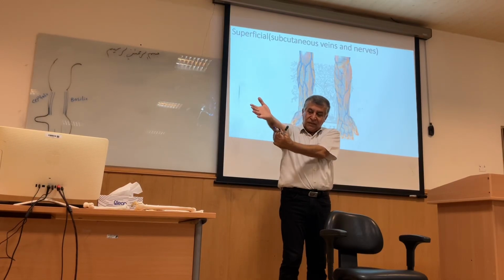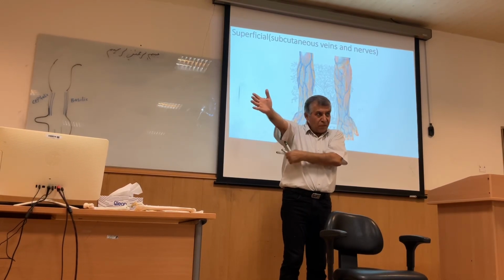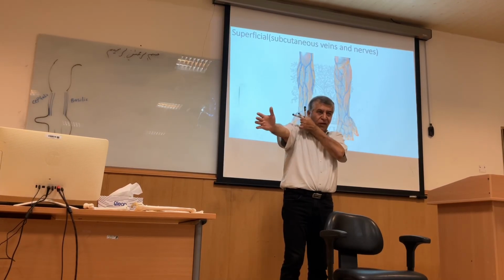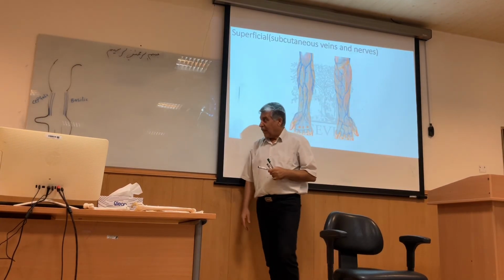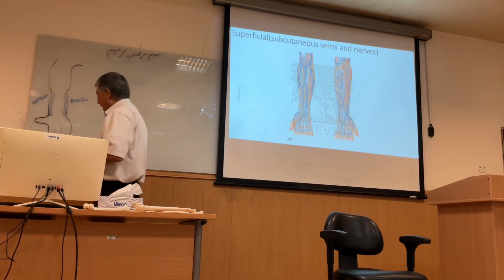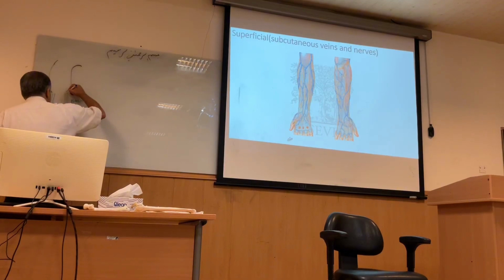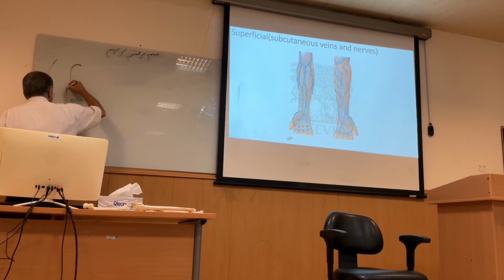Cephalic vein. This vein is near the base. For the same reason, the other is called basilic vein. Cephalic, basilic. Both of them ascend in the forearm into the superficial fascia.